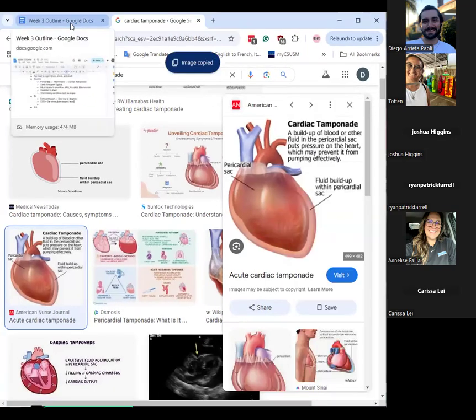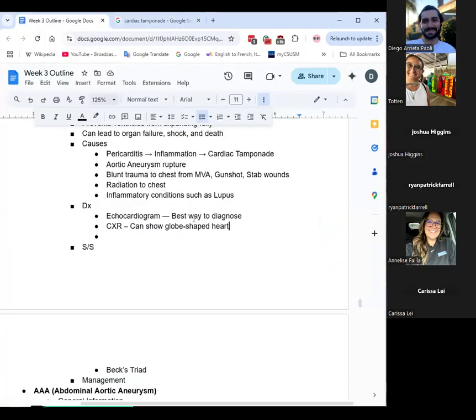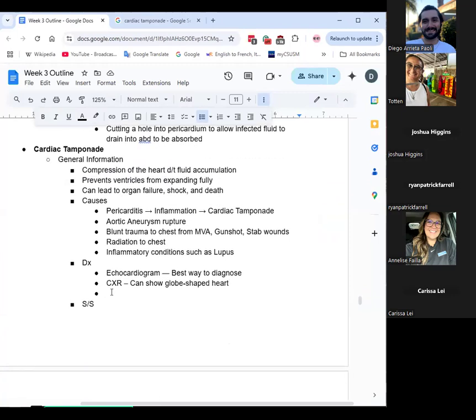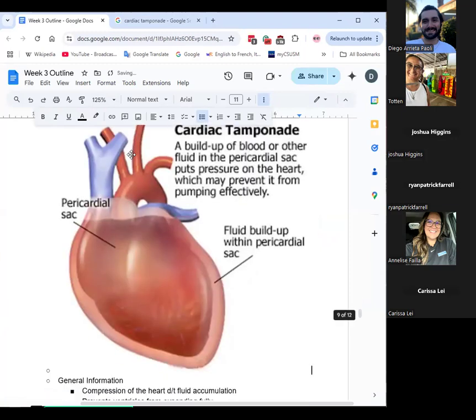Cardiac tamponade is essentially a cardiogenic shock of some kind. So let's add this here.